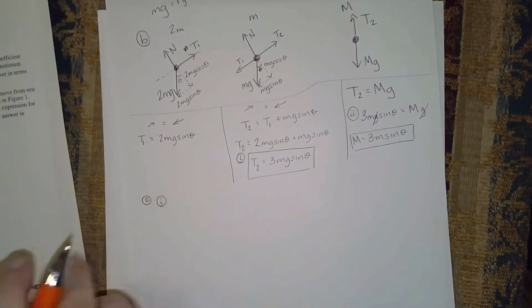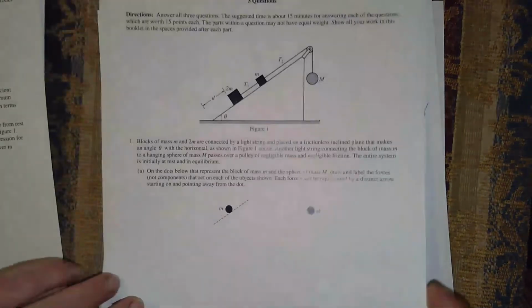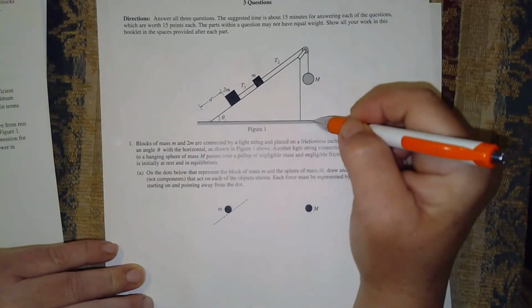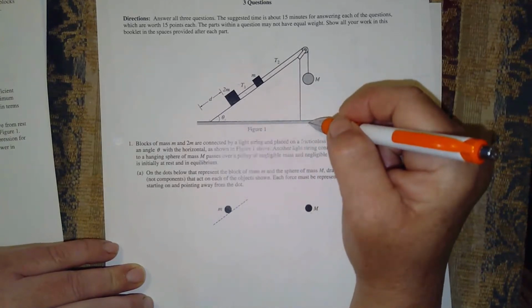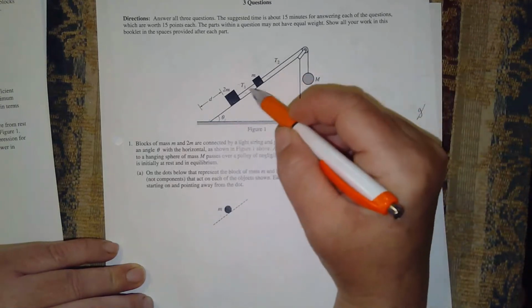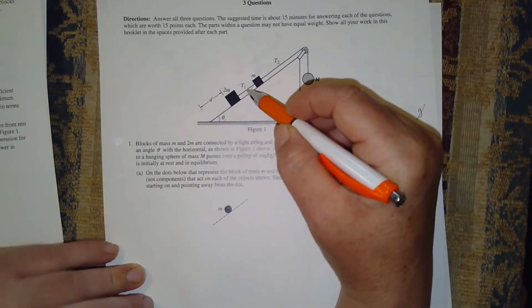Part C says, okay, now this is going down, these are going up. This hits the floor before these hit the pulley. So when this hits the floor, what happens to T1 in part I? Does it increase, decrease, stay the same, or go to 0?